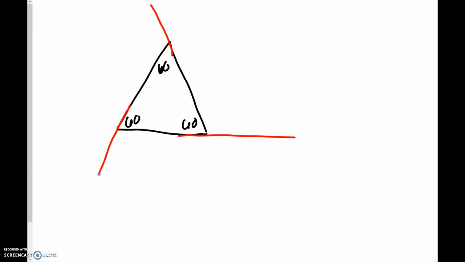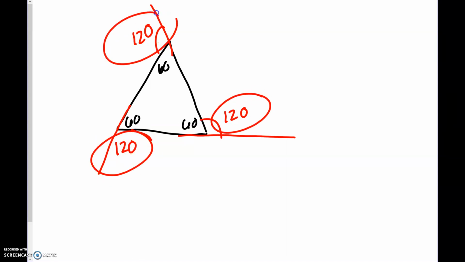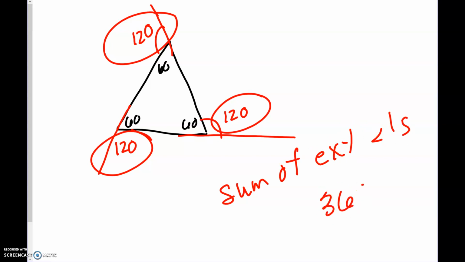Now I specifically picked this so we'd be able to do the math in our head. The measure of this angle is 120. The measure of this angle, because it's a linear pair, is 120. And this angle is 120. So what is the sum of the exterior angles? Sum of exterior angles is 360.